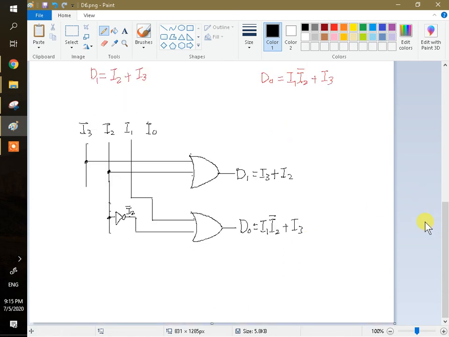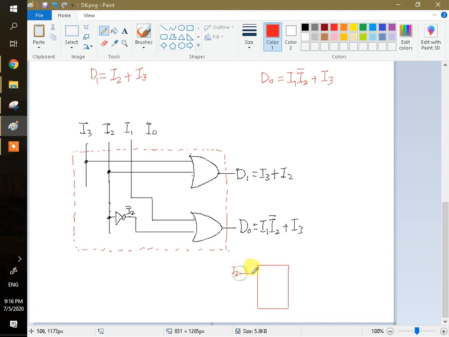This is the 4 to 2. Too bad I cannot select the dotted line here, but I want to show you, if you draw the dotted line, inside this dotted line box here is our 4 to 2 priority encoder.